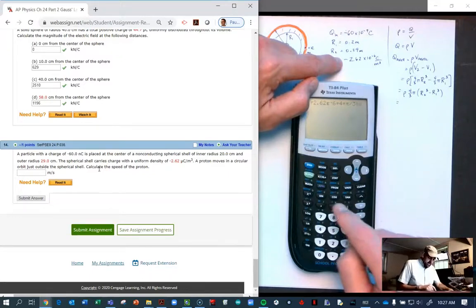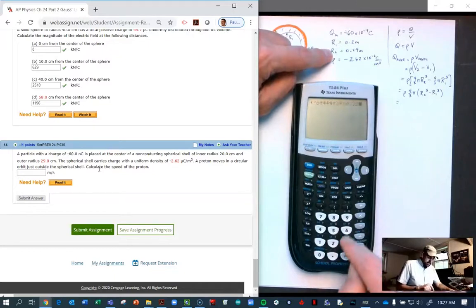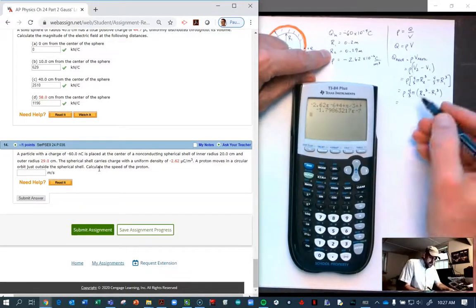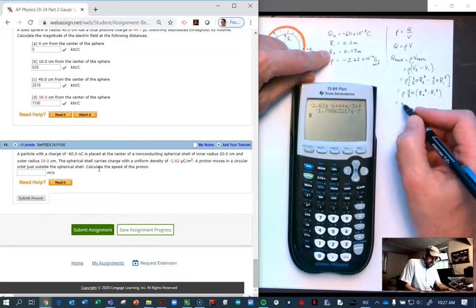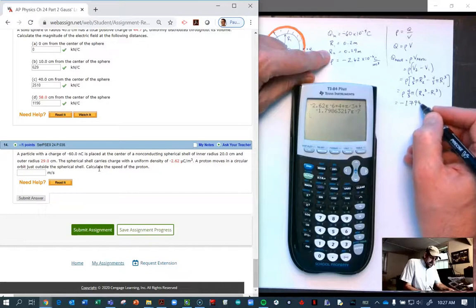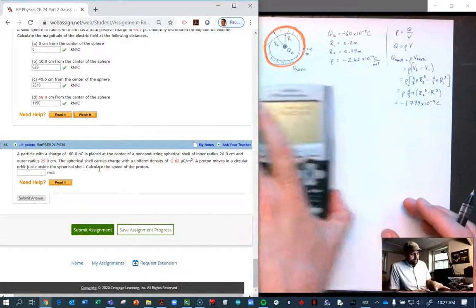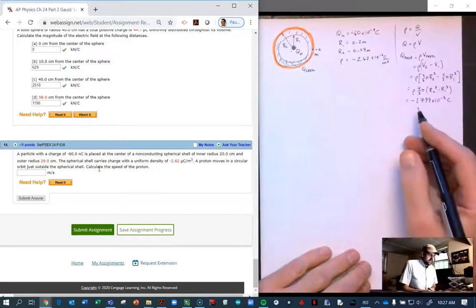And we're going to multiply that by R2, which is 0.29, and we're going to cube it, minus 0.2 cubed. Okay, and for that we get the charge of the shell is negative 1.799 times 10 to the minus 7 coulombs. Alright, that's just the charge of the shell.